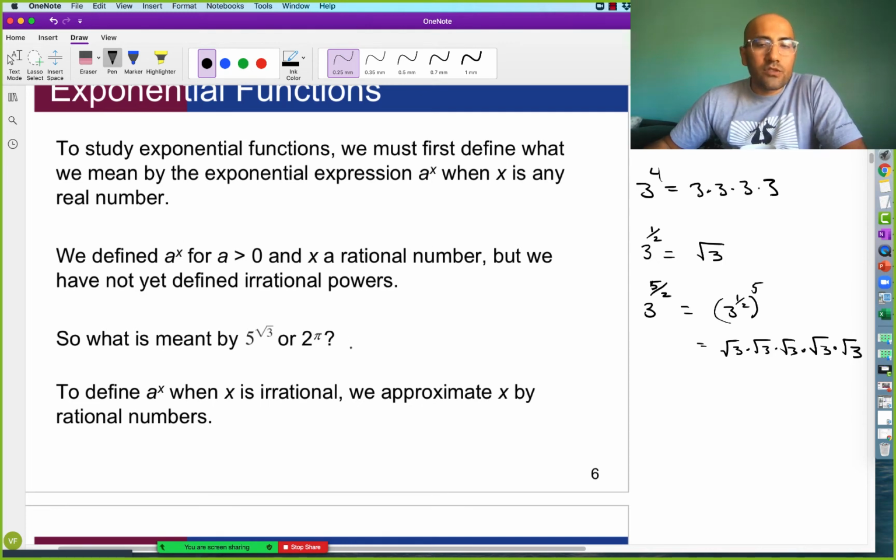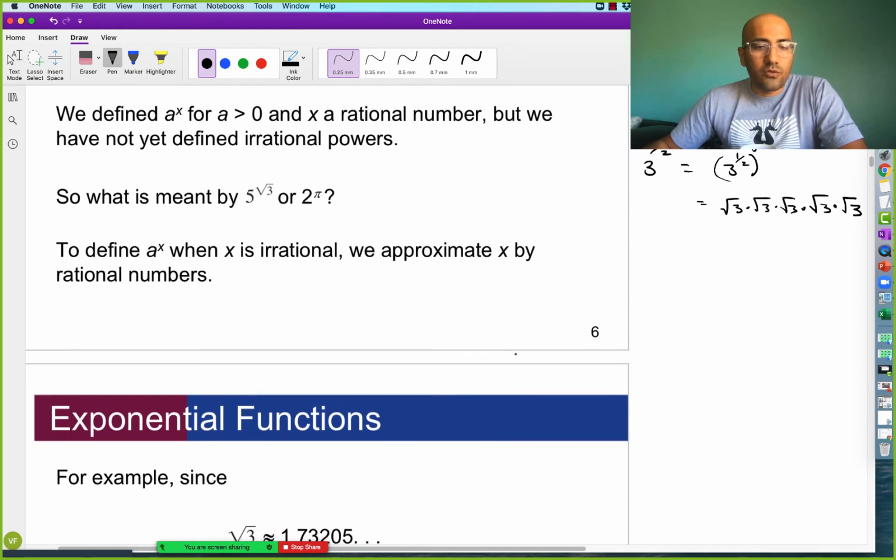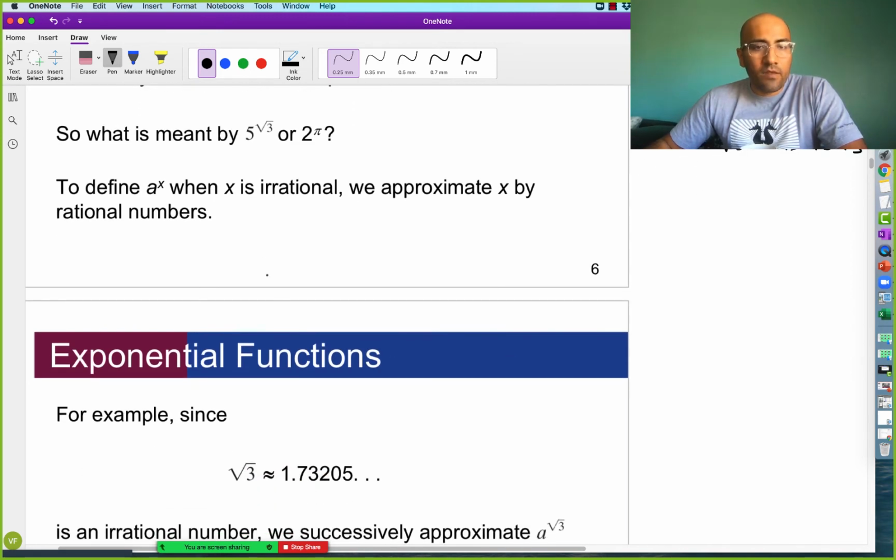So what we're going to do is approximate this answer by looking at what happens as we get close to it. As we get closer and closer to the value of the exponent, we'll get a better and better approximation. Root 3, for example, is approximately this.